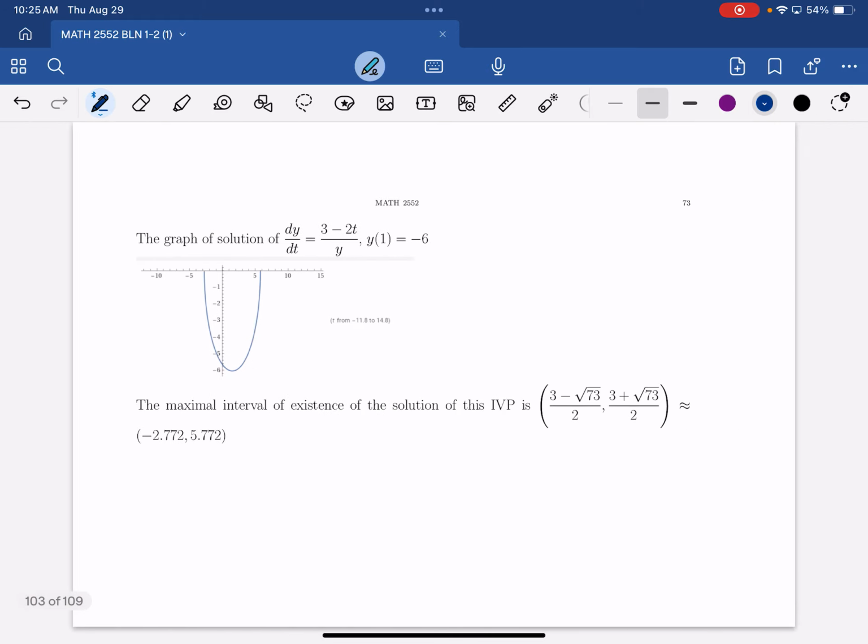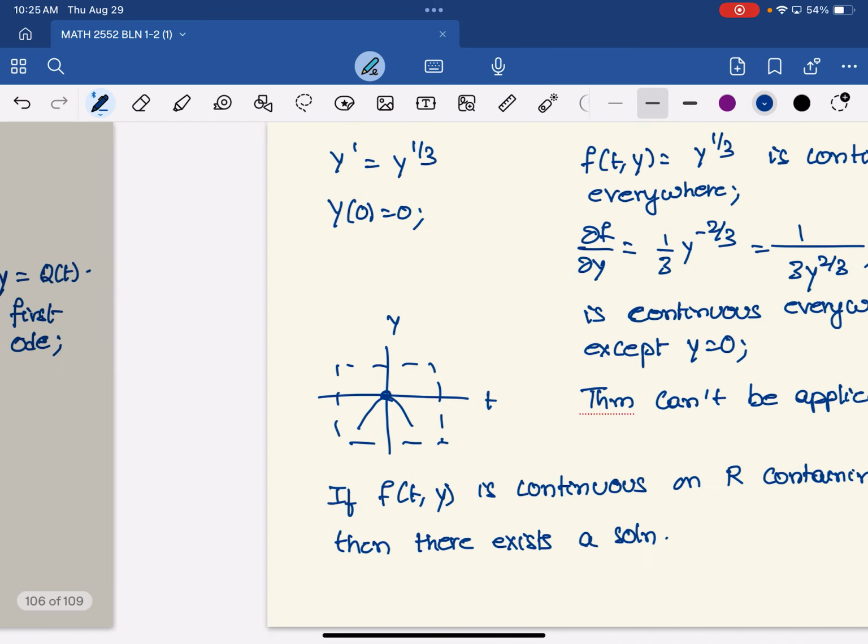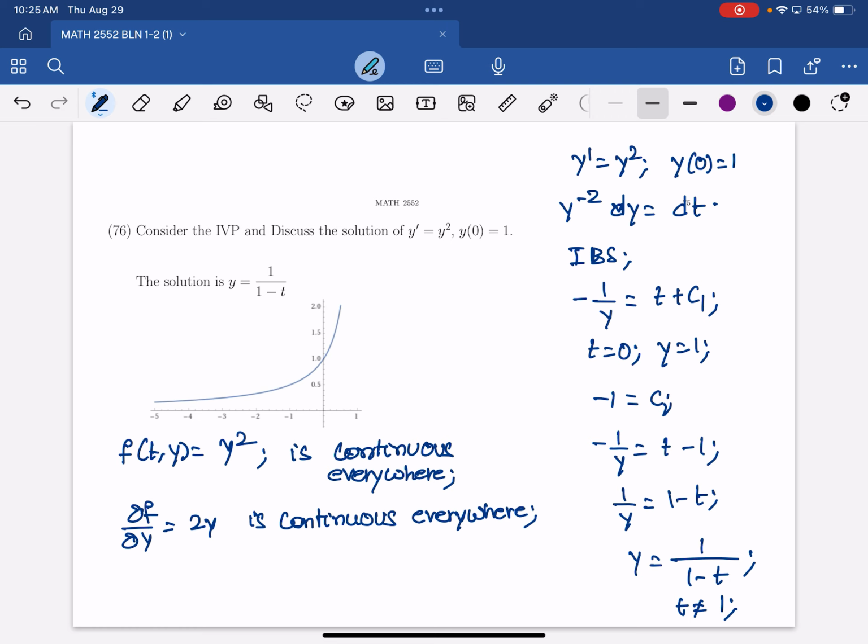So what we are saying is that at t equals 1 you have a vertical asymptote, and y of 0 equals 1, so maybe the smaller rectangle cannot go beyond 1 or cannot touch 1. Does it make sense? It has to be before t equals 1. So your interval of existence from here is going to be negative infinity to 1, because your initial value t equals 0 belongs here.